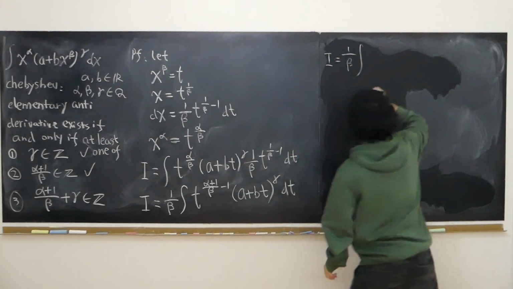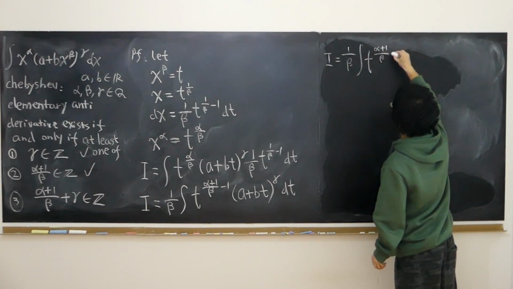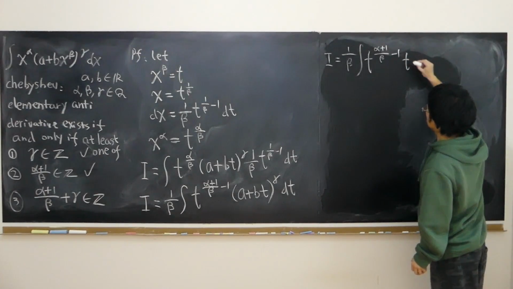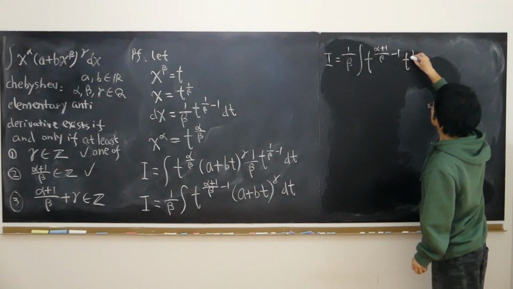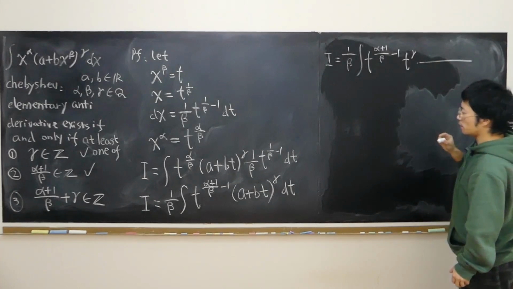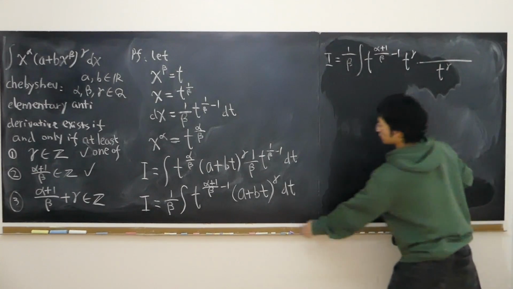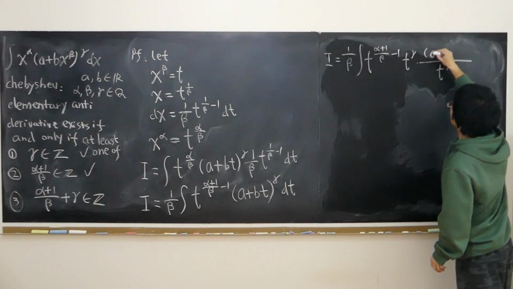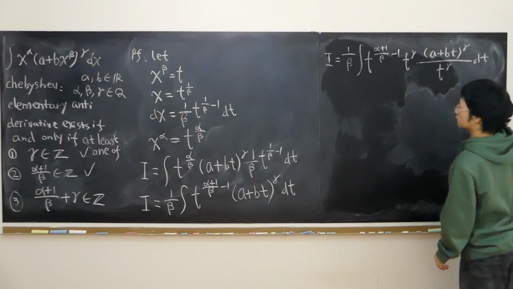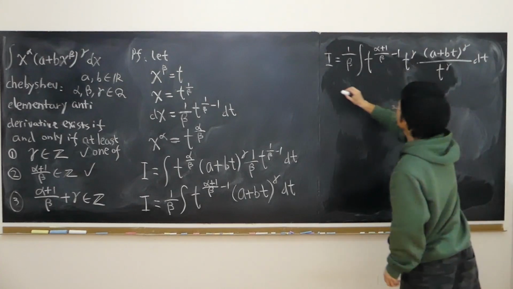I'll copy down this item, t to the alpha plus 1 over beta minus 1, times an item t to the gamma, times, of course, I have to divide by the same thing, t to the gamma. Copy down this item, a plus bt to the gamma dt. Now, I'll just combine those two terms.